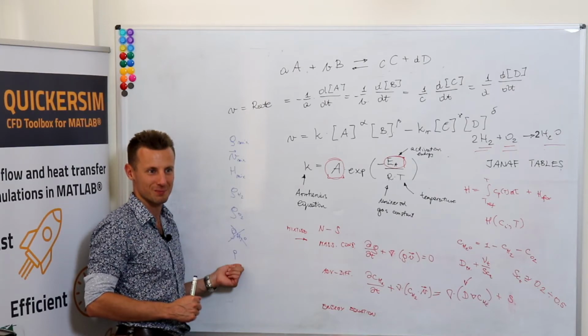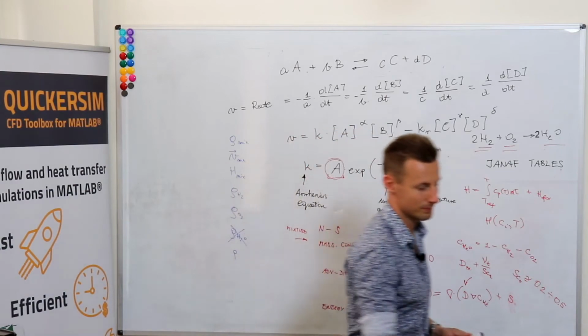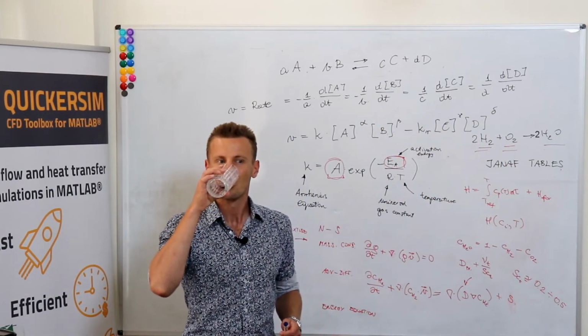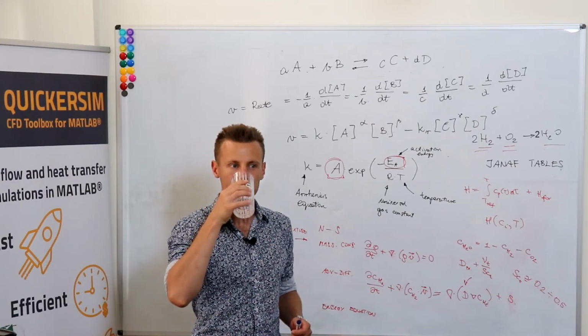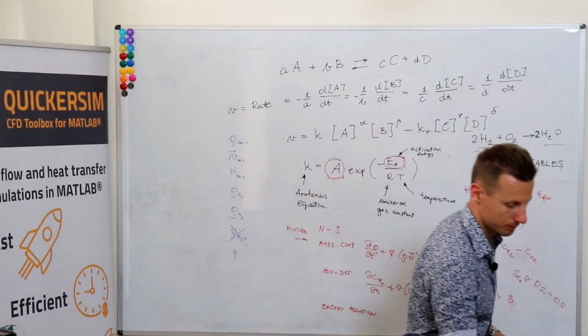For example, when you're modeling solid coal combustion, first you model the decomposition of the coal into gases and then the combustion of the gases. You're not modeling combustion of the solid coal itself. Or you can model solid coal as a fluid.